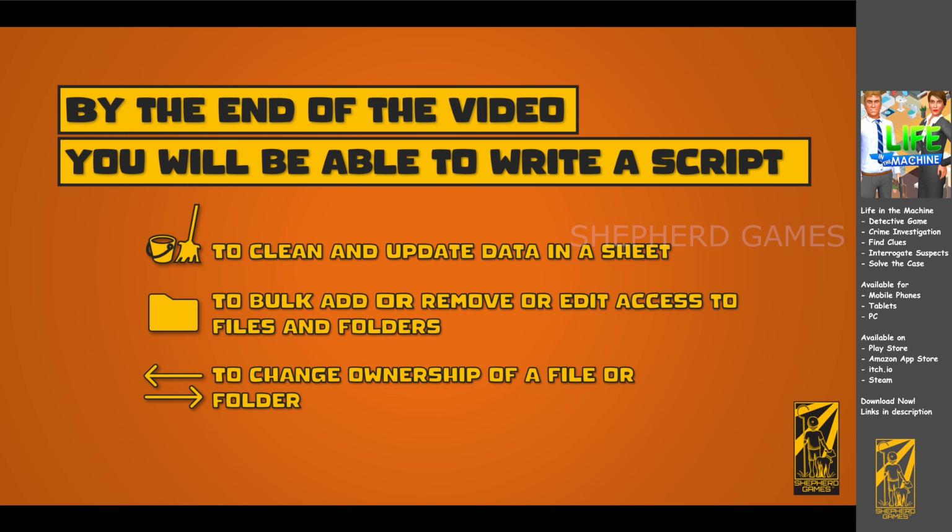You can do that in bulk, at a time. You don't need to do each and every one, but you can have 10 or 20 or 30, any number. You can bulk edit in one go, and you can change the ownership of the file or a folder to anyone with a Google account.